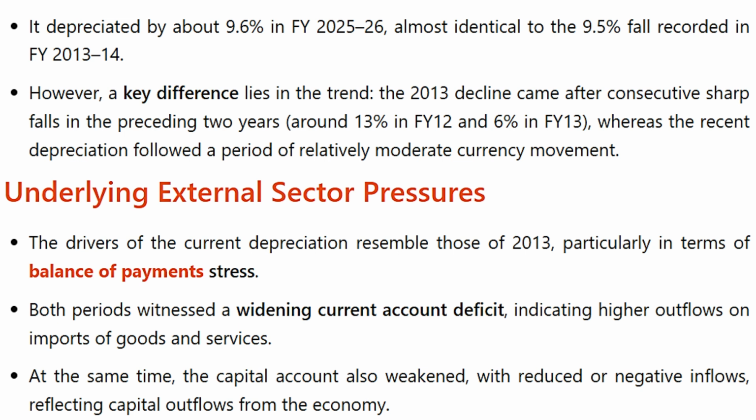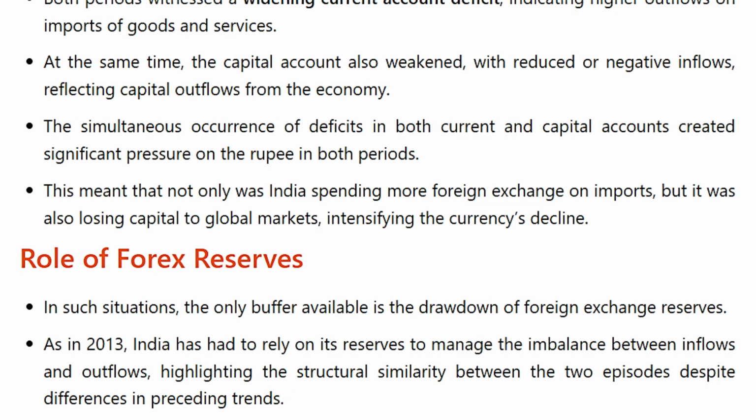At the same time, the capital account also weakened, with reduced or negative inflows, reflecting capital outflows from the economy. The simultaneous occurrence of deficits in both current and capital accounts created significant pressure on the rupee in both periods. This meant that not only was India spending more foreign exchange on imports, but it was also losing capital to global markets, intensifying the currency's decline.